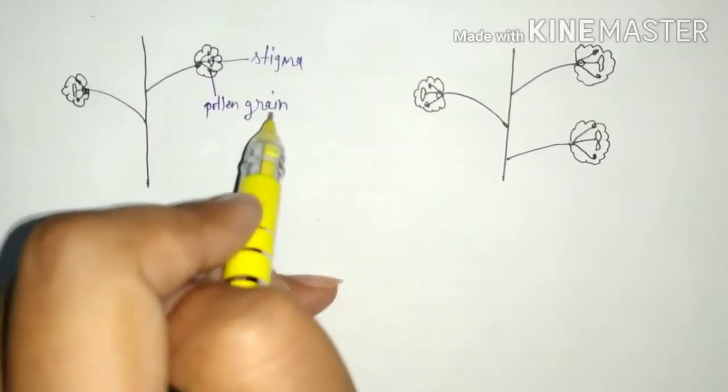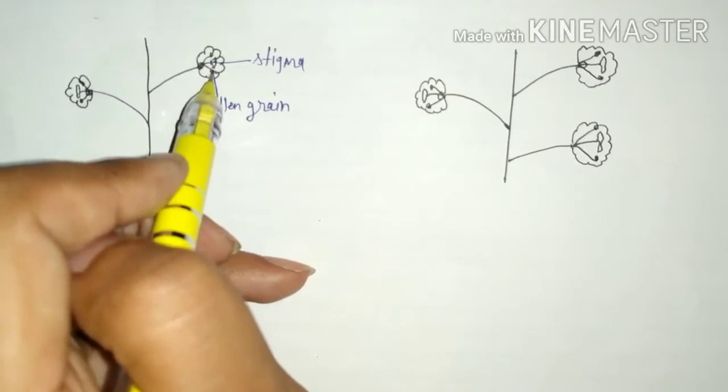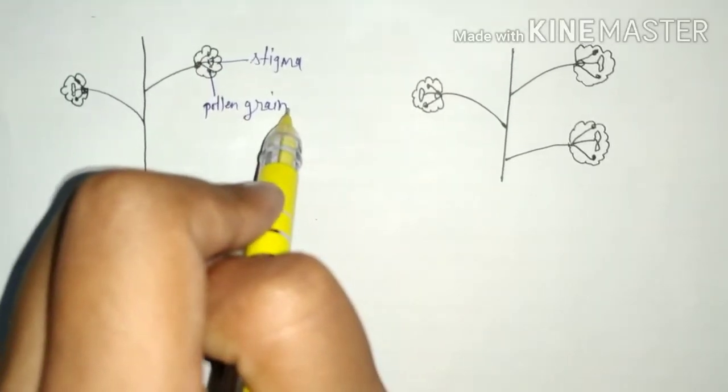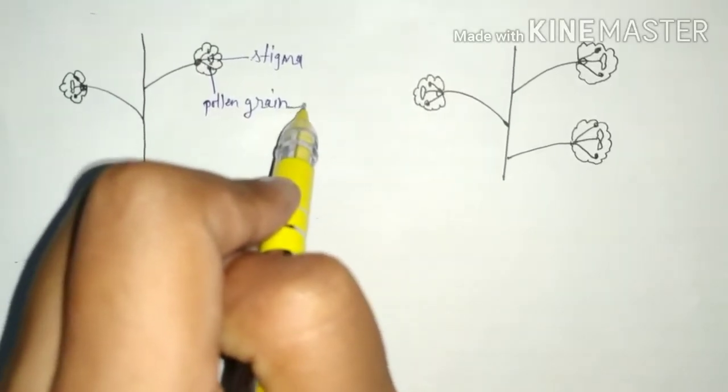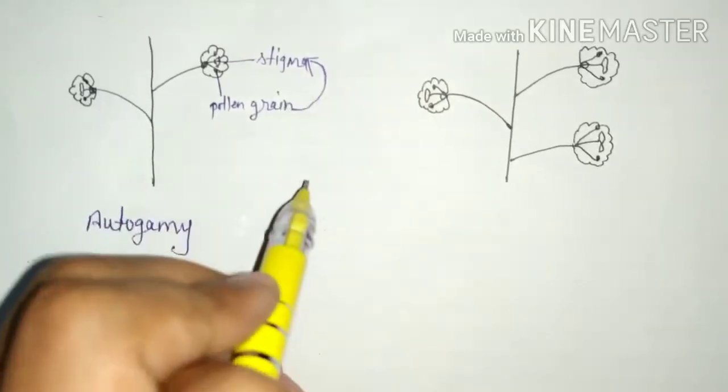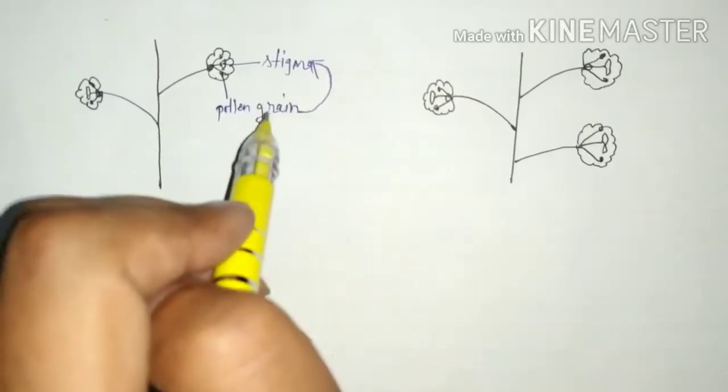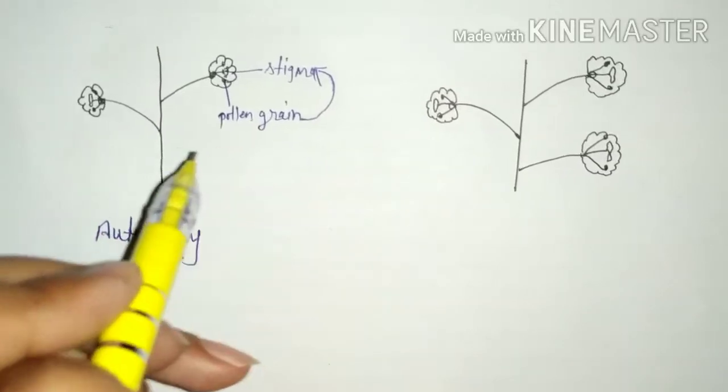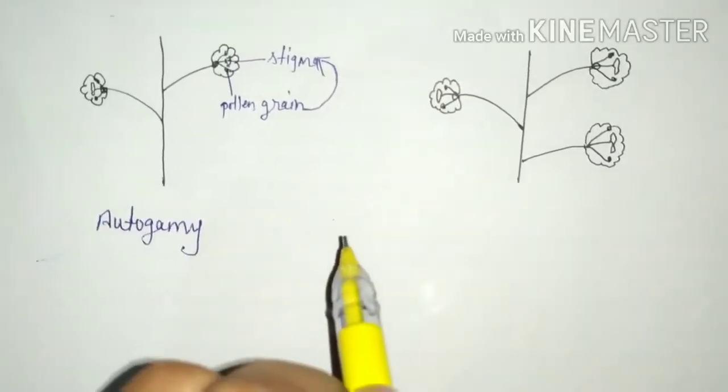In this, pollen grains of the same flower transfer onto its stigma. It means pollination occurs in the same flower on the same plant.